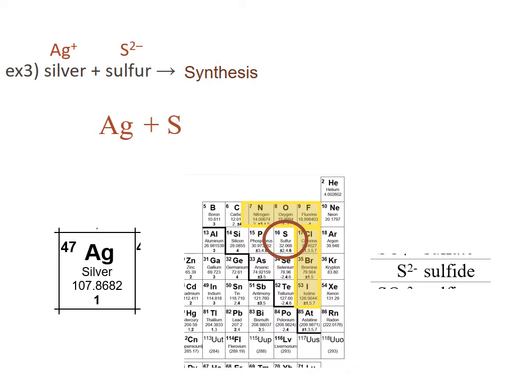So if these two are coming together, the lowest common charge will be 2. So in order to balance out, I will need 2 silvers to give me a +2 and 1 sulfur, which will give me a -2. Now I have to balance the equation out. I have 1 sulfur on either side, but I'm going to have to balance out the silvers. Since I have 2 on the right-hand side, I will need 2 on the left-hand side, and we're good to move on to example 4.